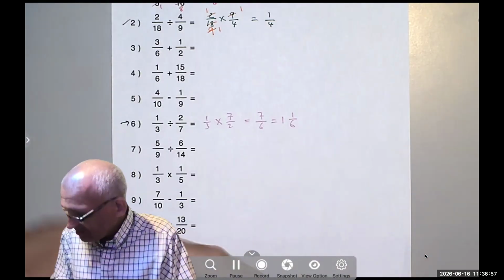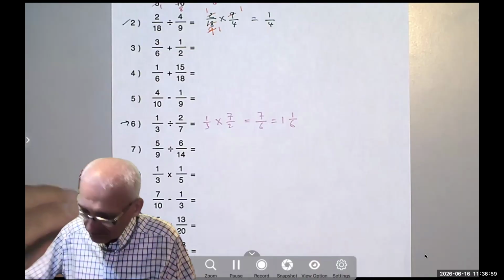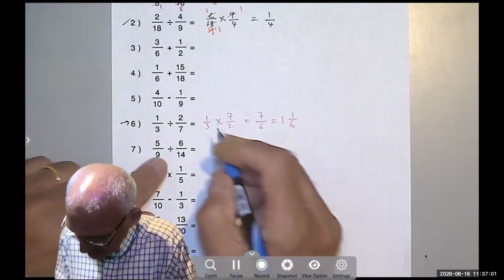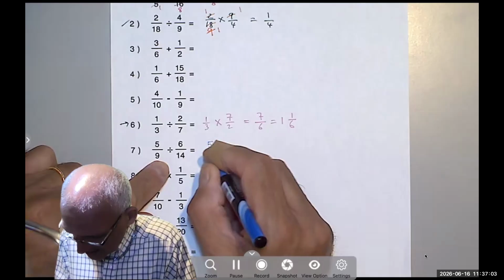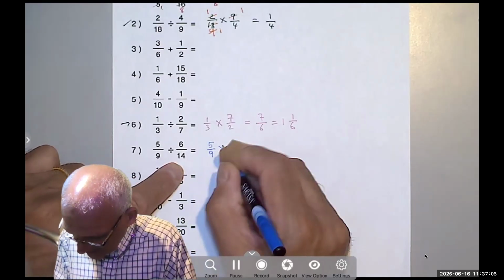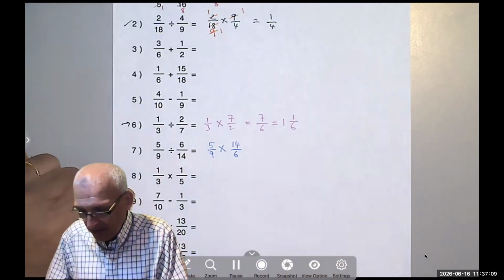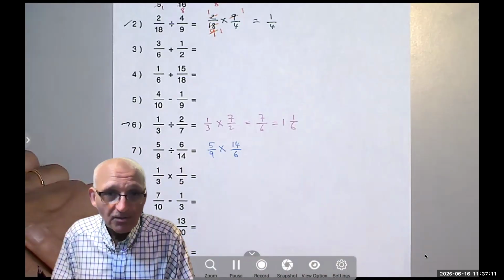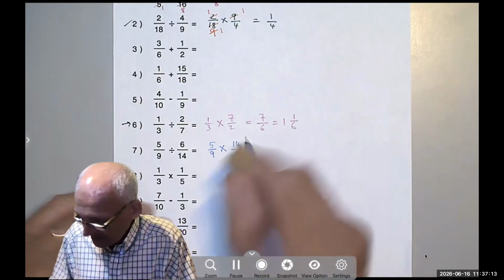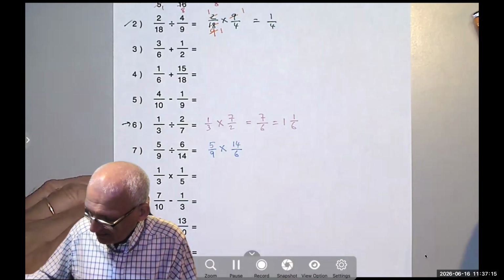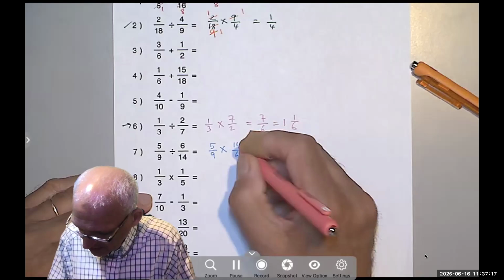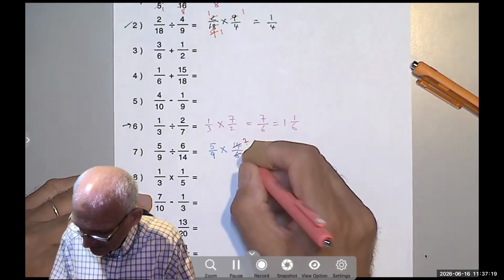Next one is also division. So I'm going to say 5 over 9, and then make a multiplication, 14 and 6. 14 and 6 are both even, so I can simplify them by dividing by 2. So that becomes 7, and that becomes 3.